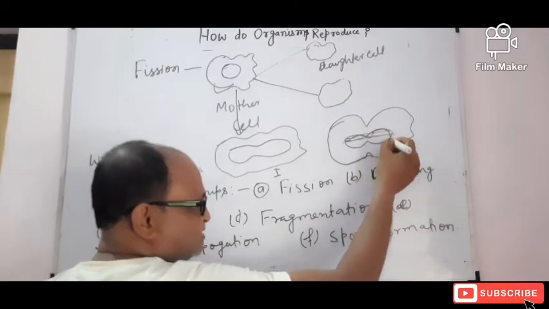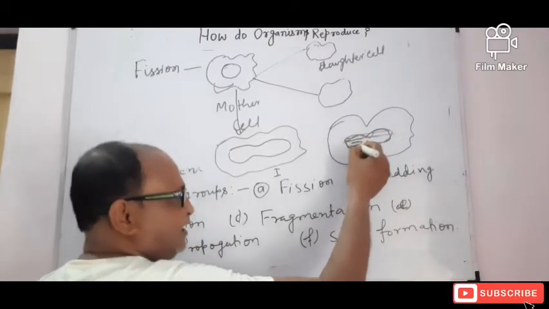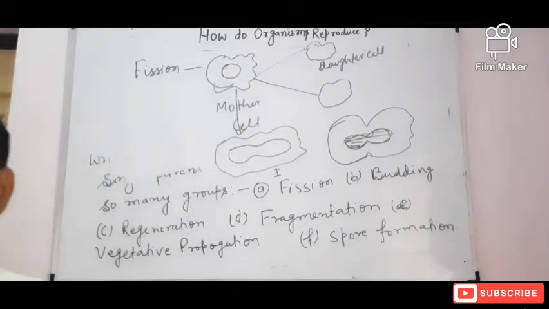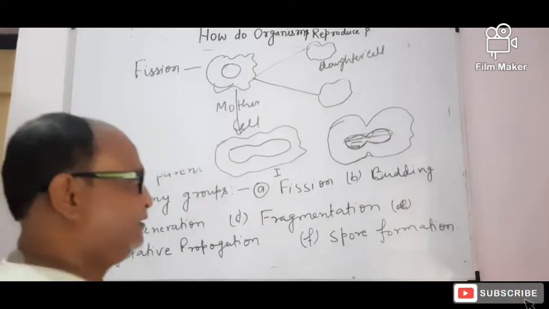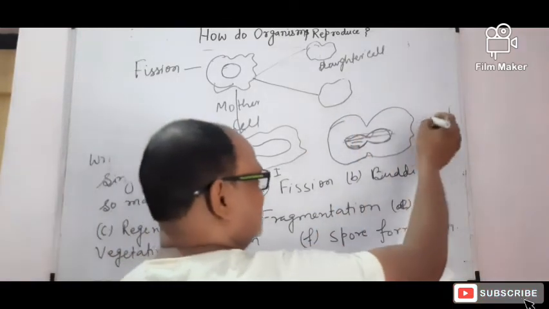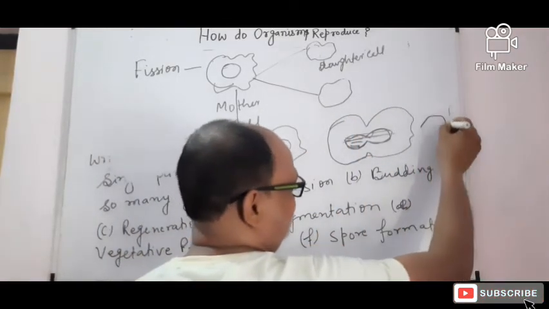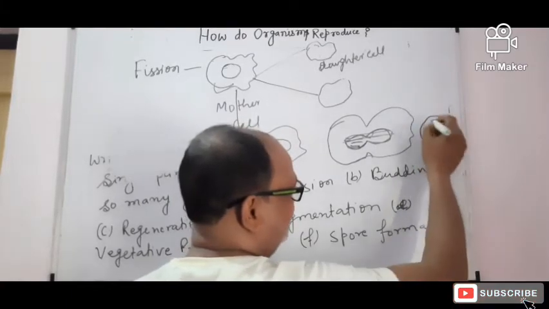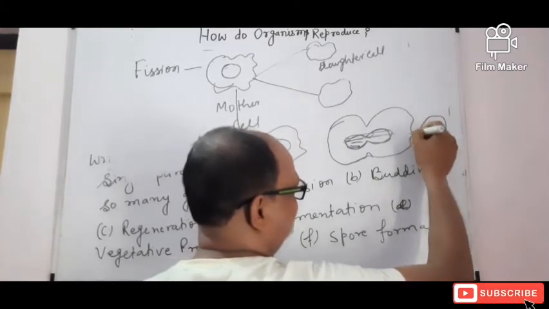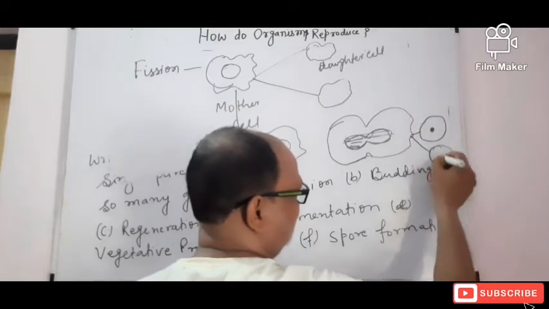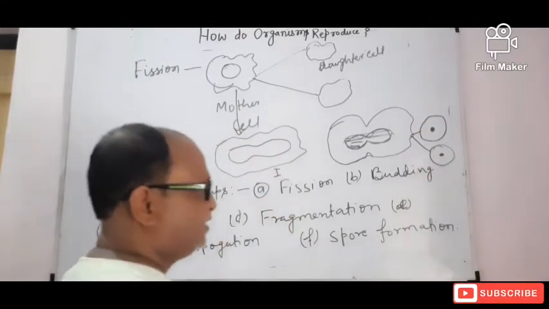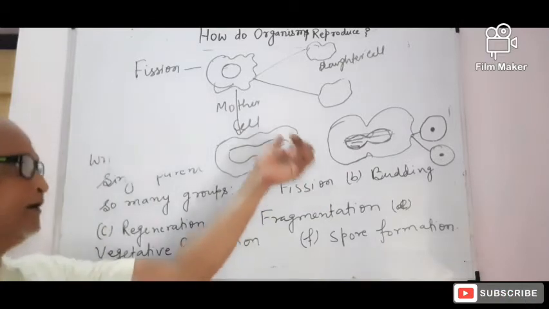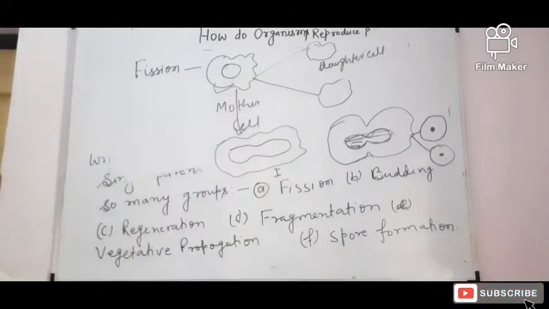Fission occurs firstly in the nucleus, and after this cytokinesis, one cell with a smaller nucleus and another with another smaller nucleus. In that way, the fission occurs.